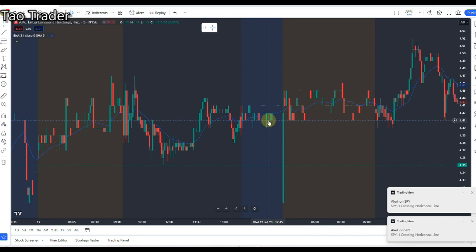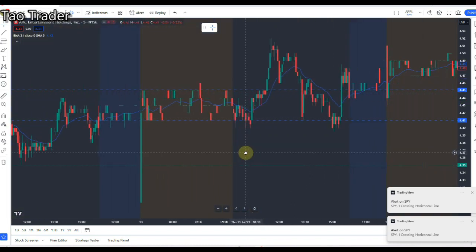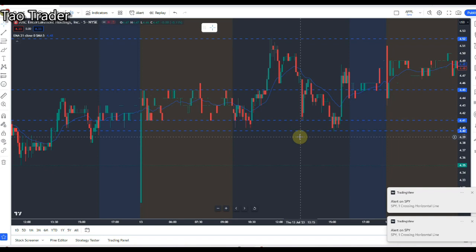So I will grab the bottom of the pre-market, the top of the pre-market, and then the other two things that you will definitely want is yesterday's high and yesterday's low. So often in so many stocks, the high and low of yesterday come into play in a major way for support and resistance.